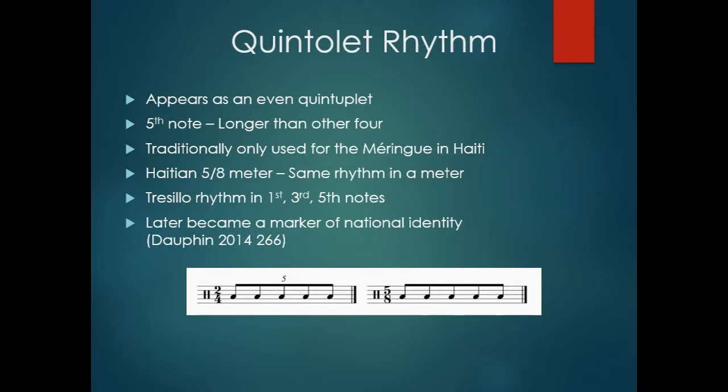So it's the same rhythm as the cantilé in a metric version as 5/8. So in this sense, the tresillo rhythm is in beats 1, 3, and 5. A performance practice note would be that the 5th note must be played slightly longer than the first 4.